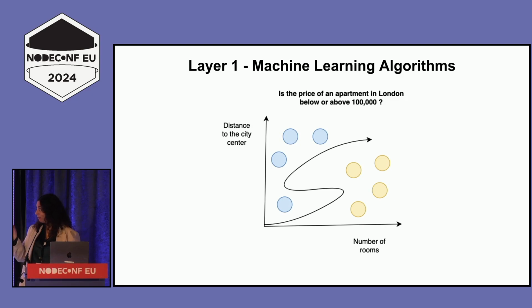Here is a problem, for example: what is the price of an apartment in London? Or is it above or below $100,000? So I took here two parameters, distance to the city center and number of rooms, and the model is trained on a data set, classifies it, builds a graph, and then a new sample gets a label according to its place on the graph, whether it's above the line or below the line.